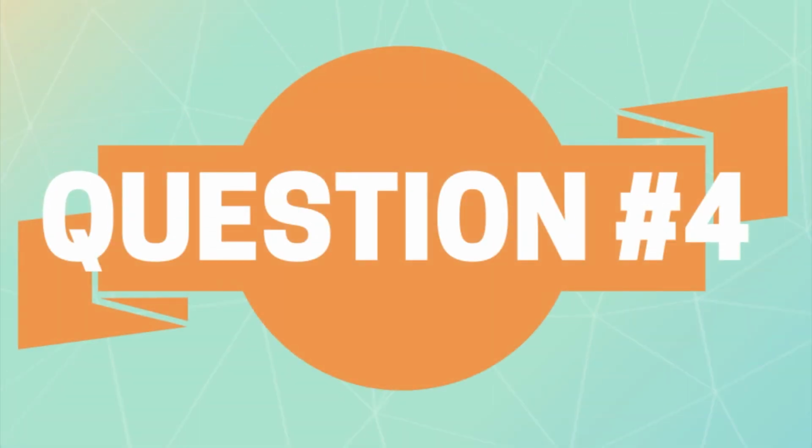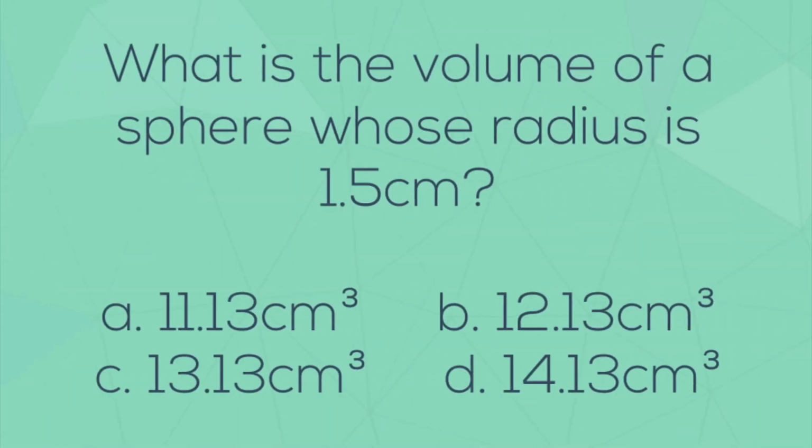Question number 4. What is the volume of a sphere whose radius is 1.5 centimeter? A. 11.13 cubic centimeter, B. 12.13 cubic centimeter, C. 13.13 cubic centimeter, or D. 14.13 cubic centimeter?